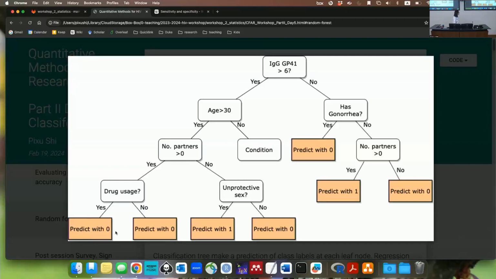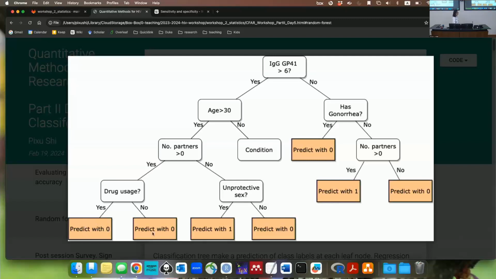So if I have more cases, more infected, in this subset of patients who have yes to drug usage, yes to more than 0 partners, yes to 30 years old, and yes to IgG level larger than 6, and the proportion of infected in this subset is larger than 0.5, I'm going to predict it with 1.